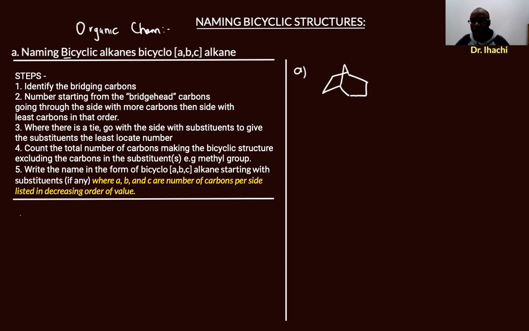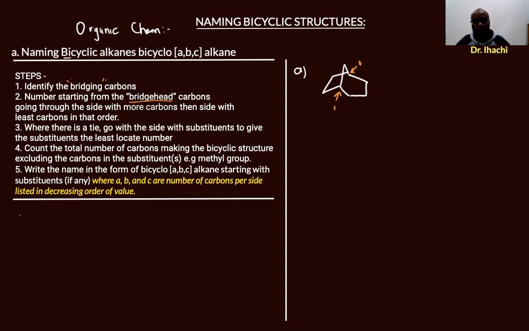So the very first step is to identify the bridging carbons, or the bridgeheads, which happen to be the connecting carbons. Those two are the bridgeheads. Then start numbering from the bridgeheads. You could start numbering from there or from here.